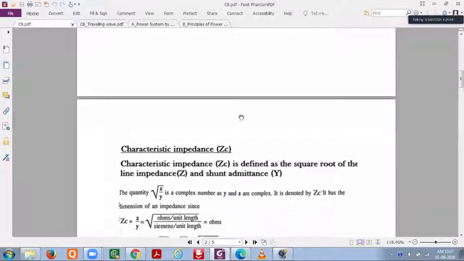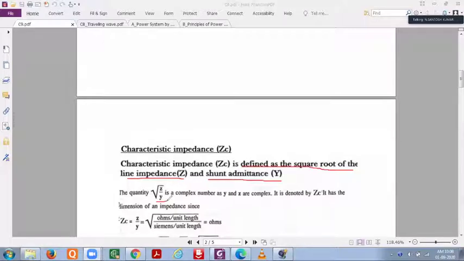Characteristic impedance is a ratio of line impedance, that is, the square root of the ratio of line impedance to the shunt admittance.